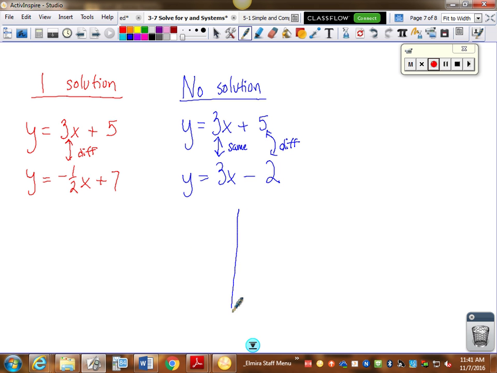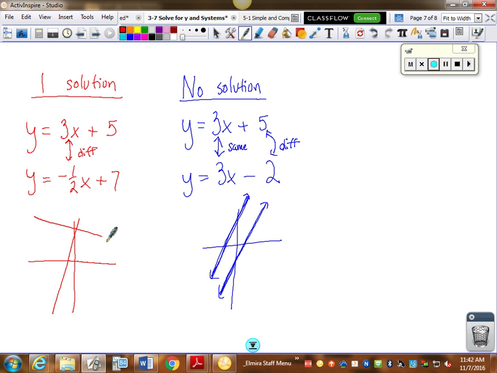When you graph no solution, it's going to look like that, where the 2 lines are parallel, although I drew this freehand and that doesn't look terribly straight or parallel. Going back to this one, when I go to graph these two, they will cross right there, and they don't go the same direction.